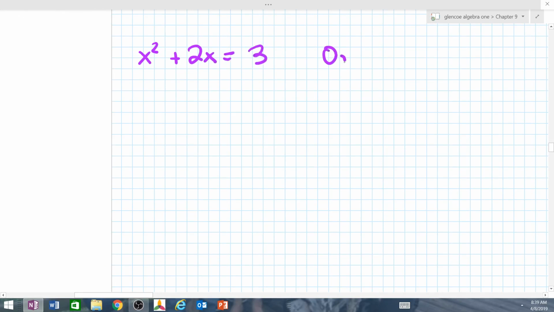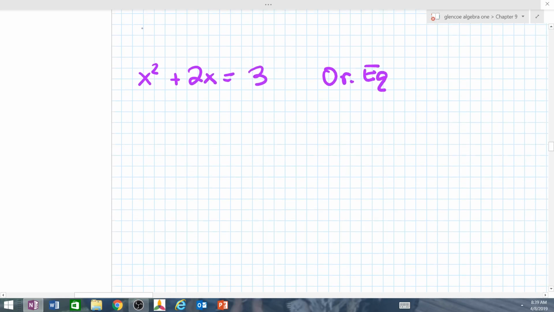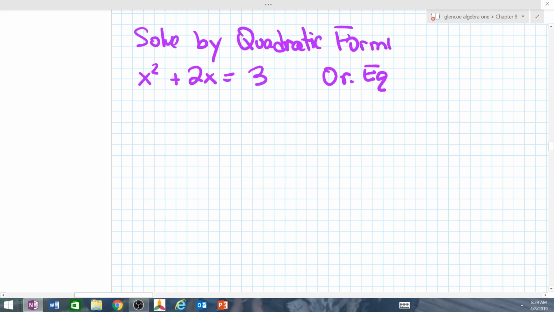Okay, so here is the original equation. And the directions will say solve by quadratic formula. The first thing we need to do to solve a quadratic equation, one side must always equal what, guys?